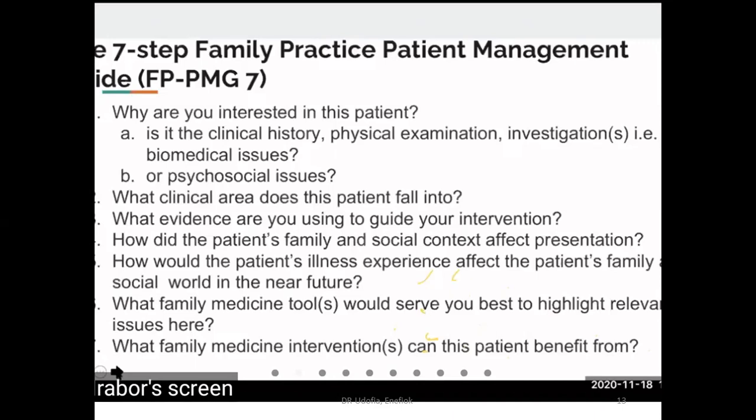So you must be able to identify why this patient caught your interest, and why you need to report. Or is it that this patient has brought a window into diagnosing something in the family?